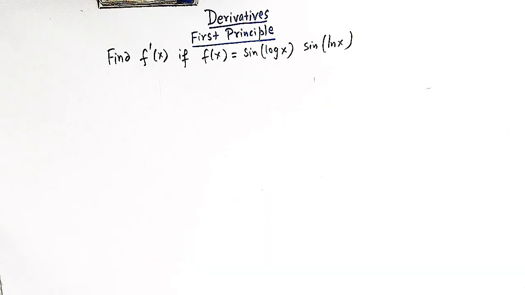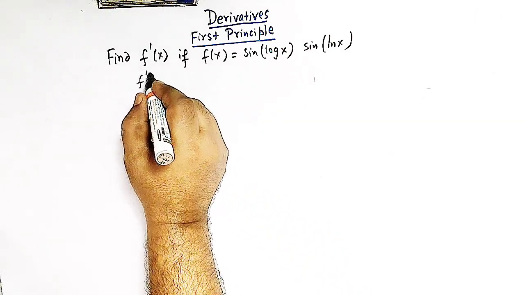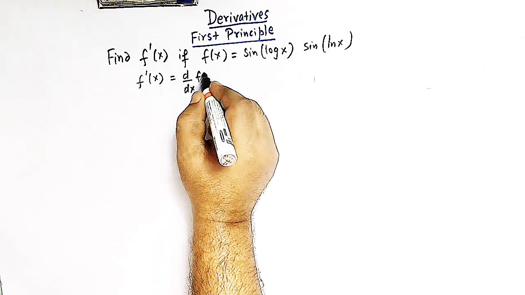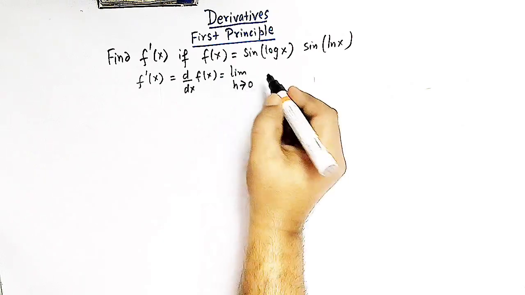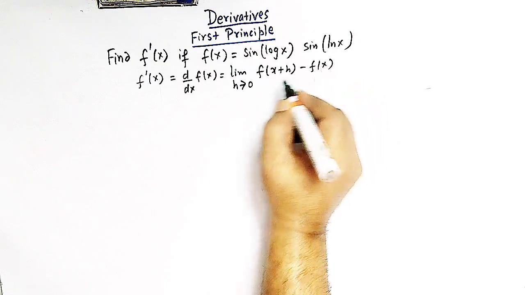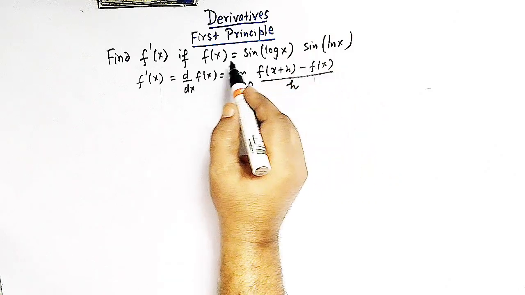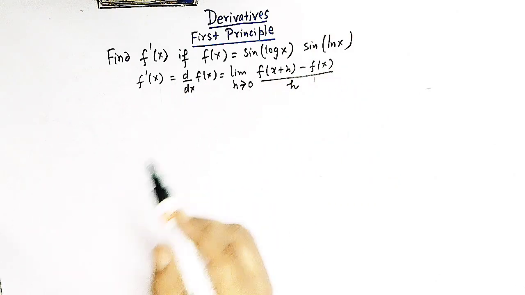The definition of derivative is given by this limit, that is f prime of x, that is d by dx of f of x, is given by the limit h tends to 0 of f of x plus h minus f of x divided by h. This definition of derivative in terms of limit is known as finding the derivative using the first principle.